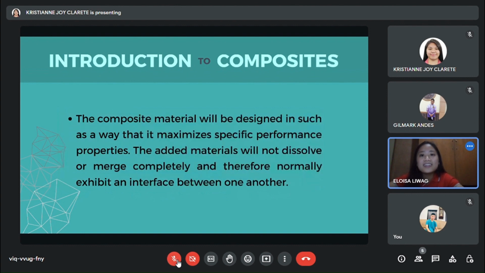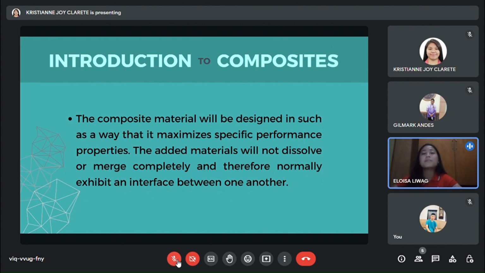The composite material will be designed in such a way that it maximizes specific performance properties. The added materials will not be dissolved or merged completely and therefore normally exhibit an interface between one another.